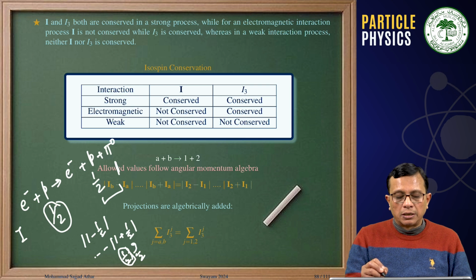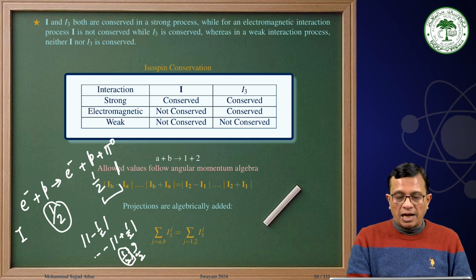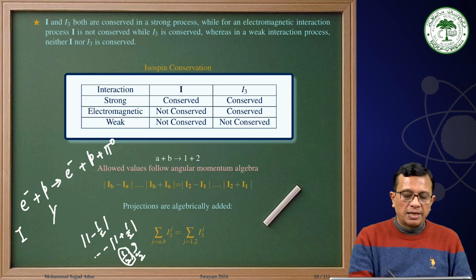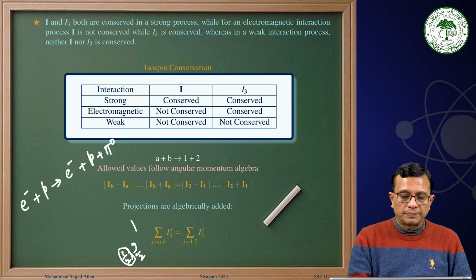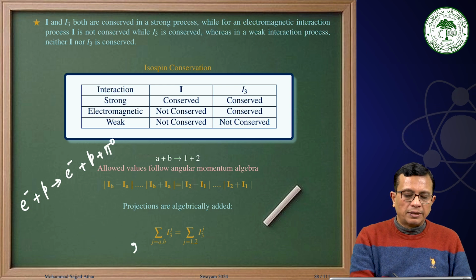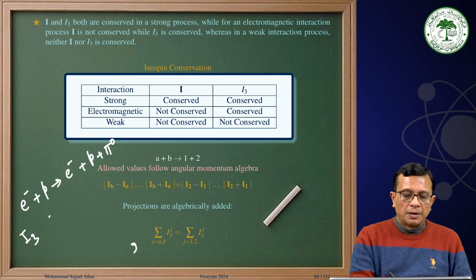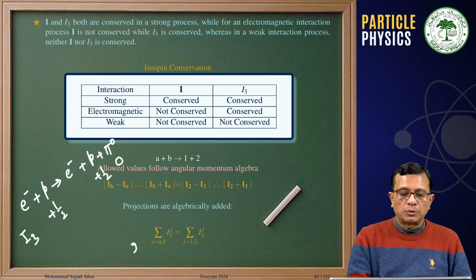Therefore, in this case, you are conserving isotopic spin, as well as when you take the example of third component of isotopic spin, you have I3 plus half, and this is 0.